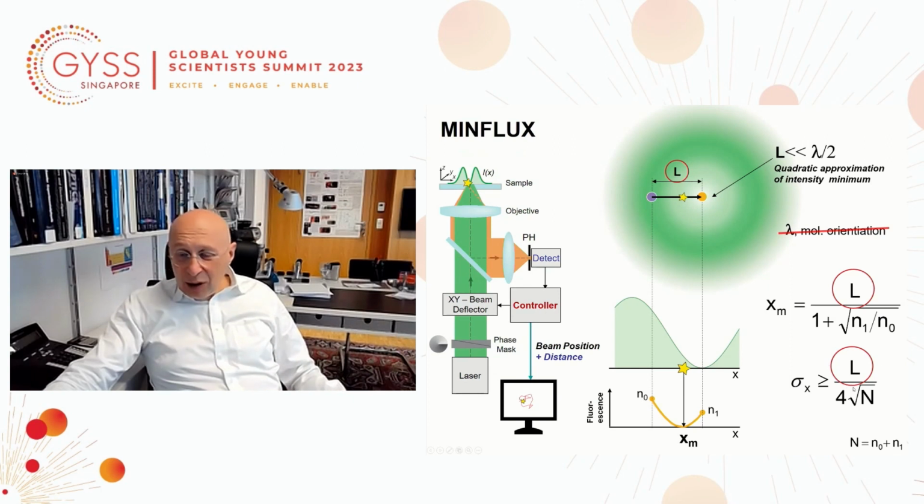And this is only a linear relationship, and this is good because it means that once we have roughly estimated where it is, we can bring the zero closer and closer and closer, and the precision will go linearly up with this distance L. And so we have a handle on getting the precision up just by bringing the zero closer, as is done in this thought experiment that I've shown you with the demon.